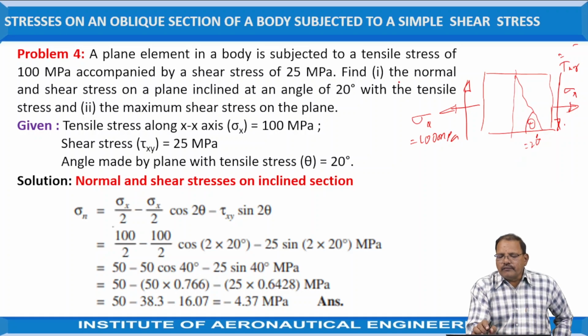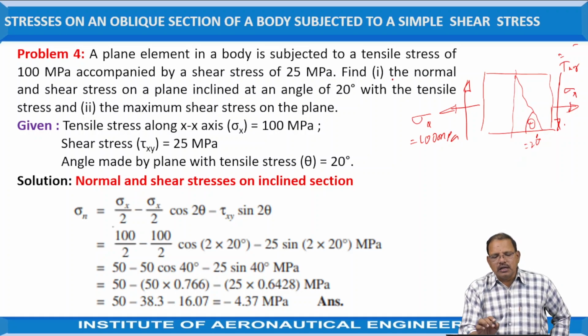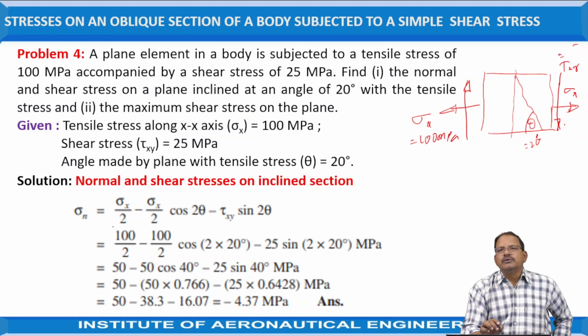So the requirement is to find the normal and shear stresses on a plane inclined at an angle of 20 degrees with the tensile stress. So according to the problem, sigma n, that is the normal stress, is equal to sigma x by 2 minus sigma x by 2 into cos 2 theta minus tau xy sin 2 theta now.